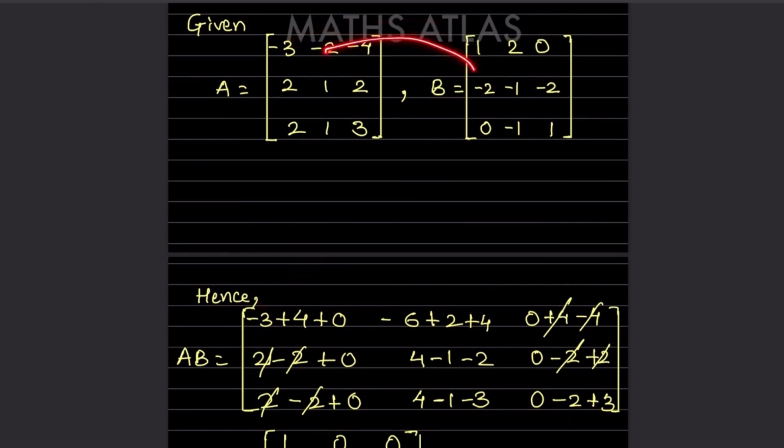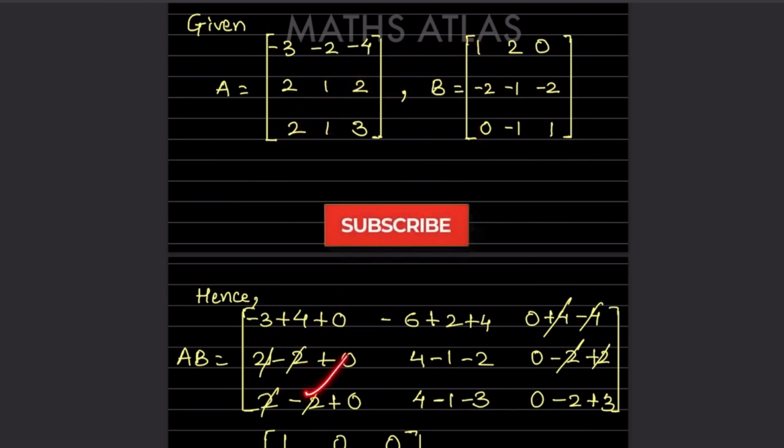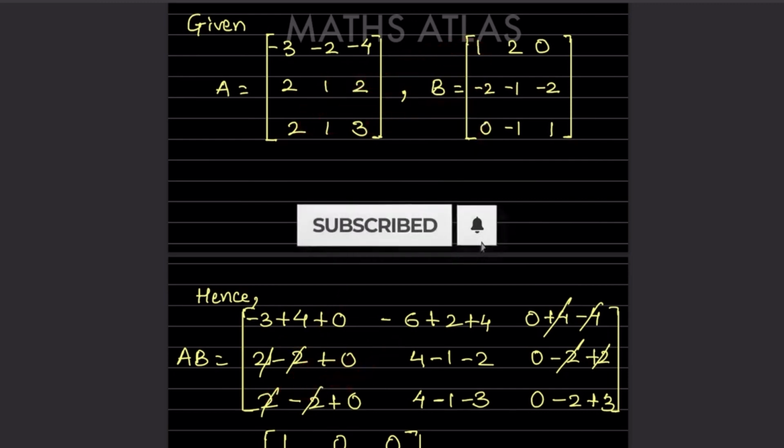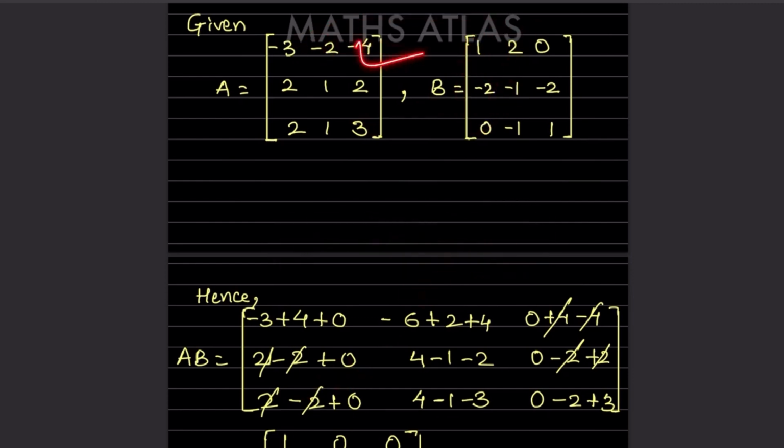This into this into this here, that is 0. Again this into this, 2, minus 2, 0, 2, minus 2, and here is 0. So this is done. This will be minus 6, 2, then 4, 4, minus 1, minus 2, 4, minus 1, minus 2, then 4, minus 1, minus 3.